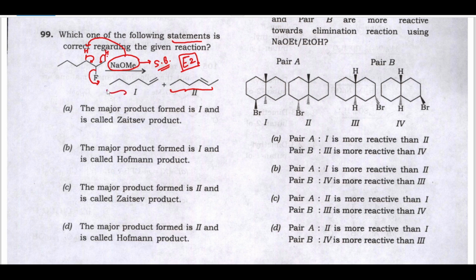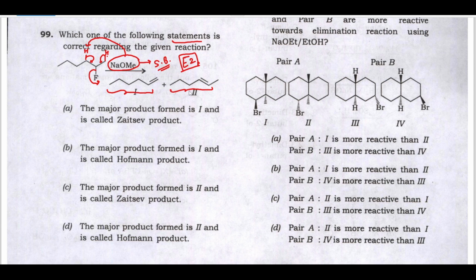This strong base follows the E2 mechanism, which means the leaving group and the proton both lie at the anti-periplanar position.